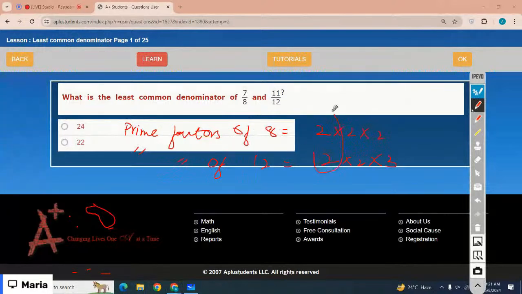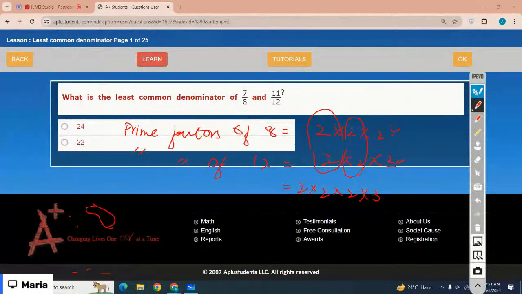So this is the common factor, that is 2 times 2, and the non-common factors are 2 and 3. So simply multiply them. 2 times 2 is 4, 4 times 2 is 8, and 8 times 3 is 24.